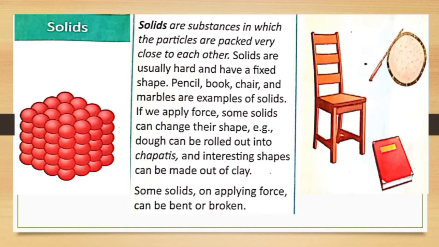If we apply force, some solids can change their shape. For example, interesting shapes can be made out of clay. Some solids on applying force can be bent or broken also. In solids, particles are tightly or closely packed and the gaps between the particles are tiny, and hence it is tough to compress them.